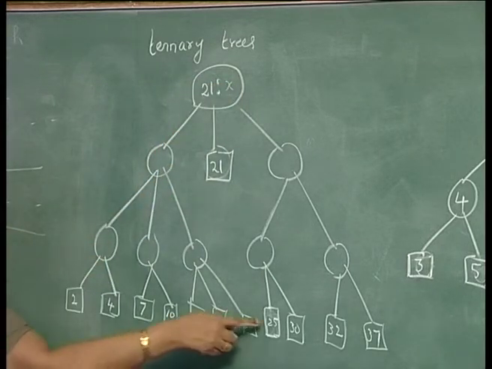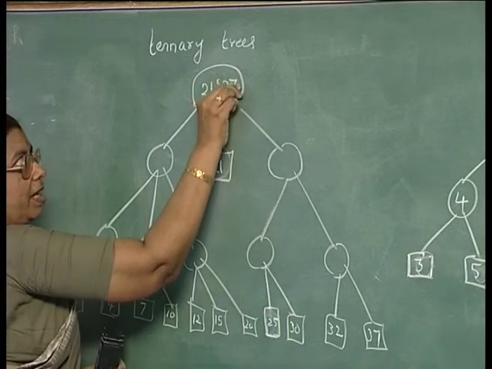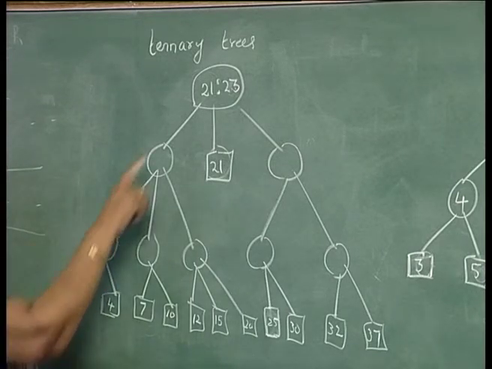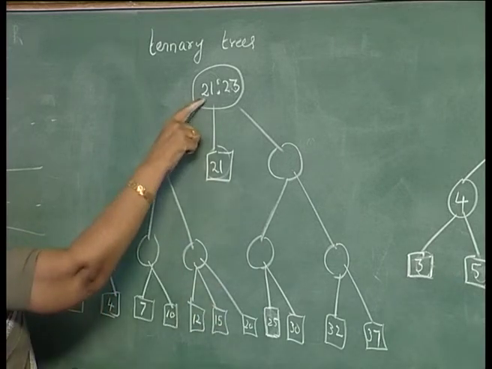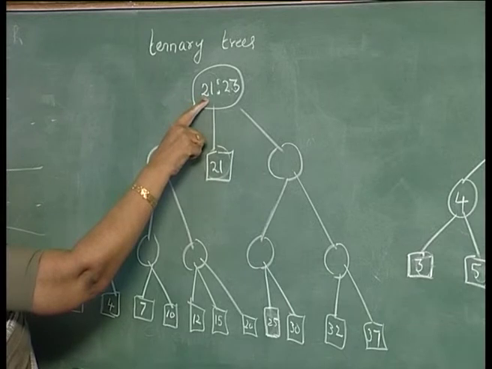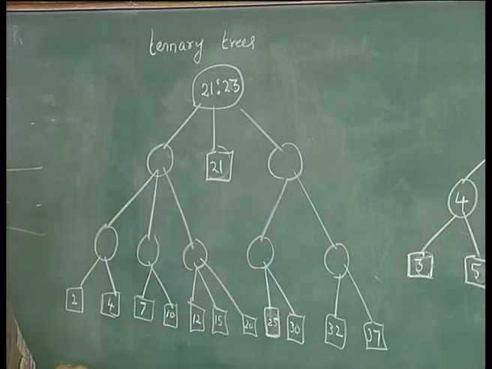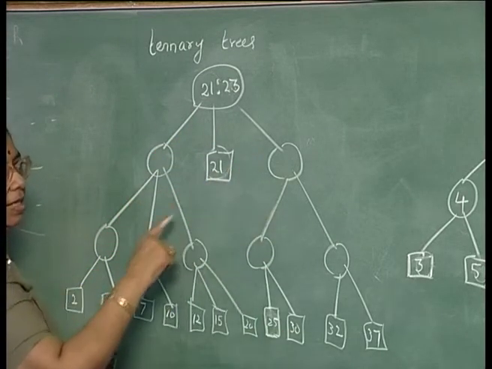Here from 25 we are having, so I can have something like 23. So, all values which are less than 21 will go to the left subtree, values equal to 21 and greater than 21 but less than 23 will go here, and values greater than or equal to 23 will go to the right subtree, the third tree.